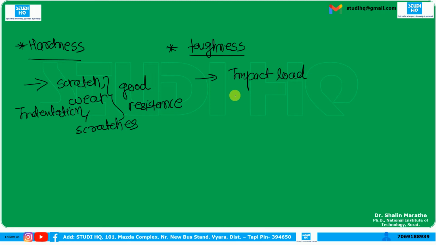It is the ability of a material to sustain the impact load. So if a material is tough, that means its toughness is very good. If it can resist the impact load, that material is a particularly tough material.